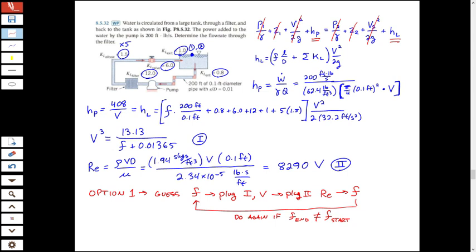Now, if they are close, then you get your answer, you're fine, and then you can find your velocity and get your final answer. In this case, we're trying to get flow rate. You can do that. And then this is where you would use the Moody diagram to help in your analysis. That is one option, and that's valid. You can do this.